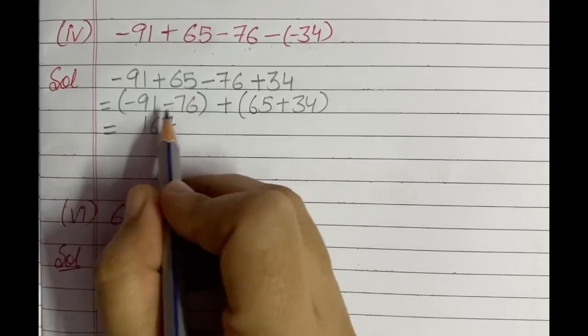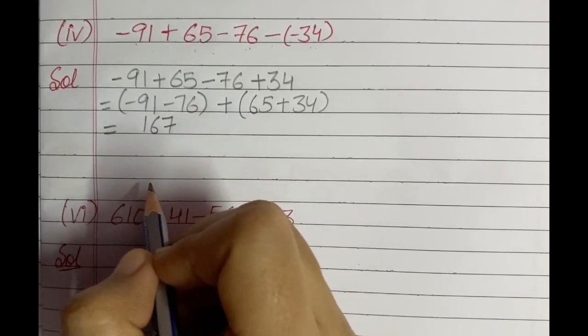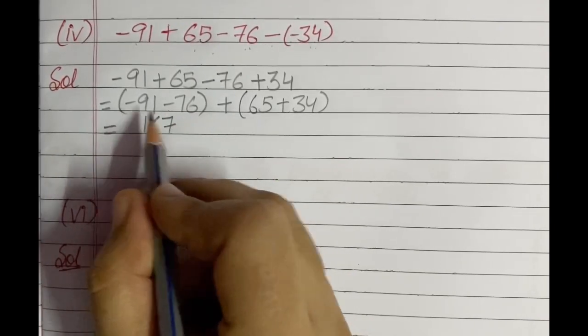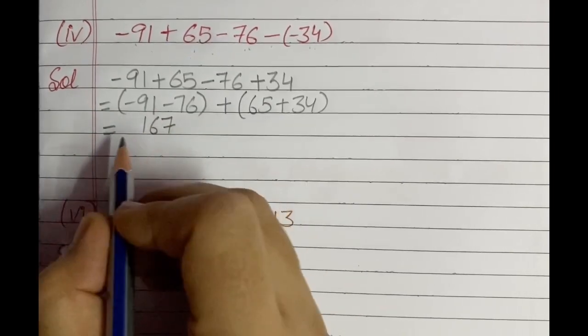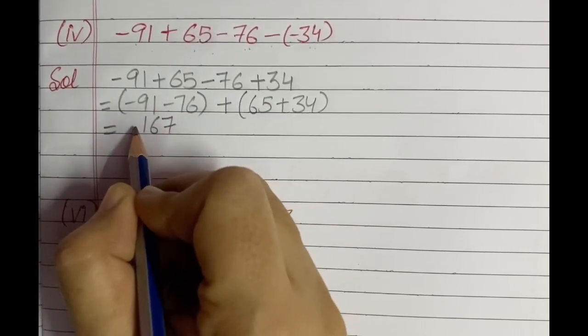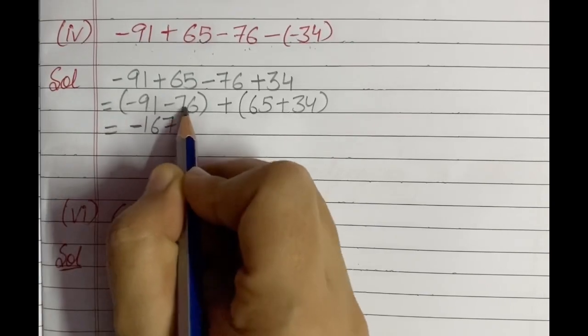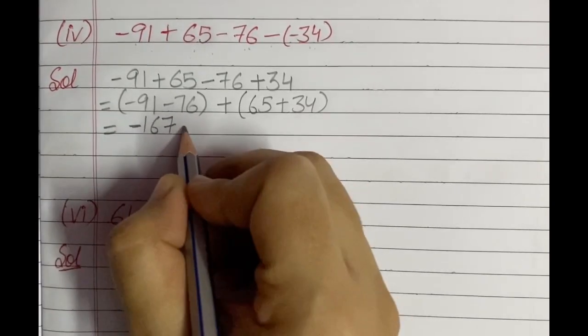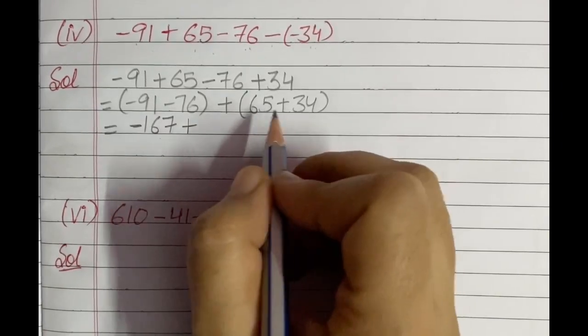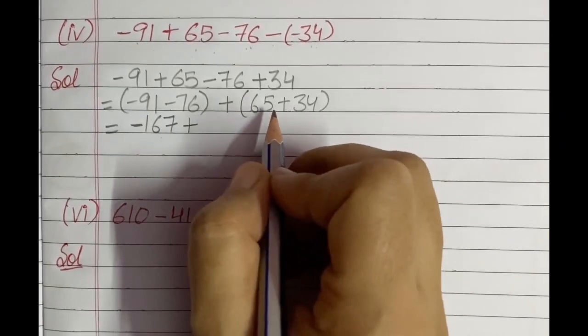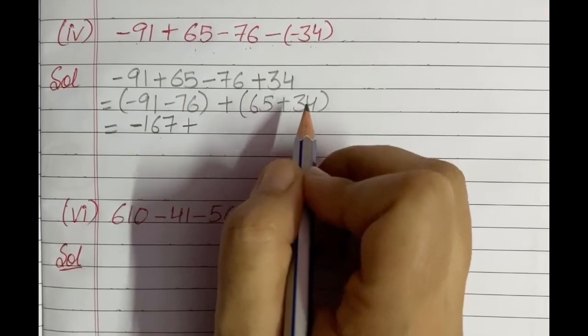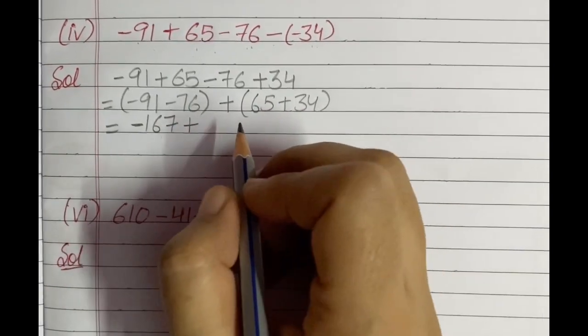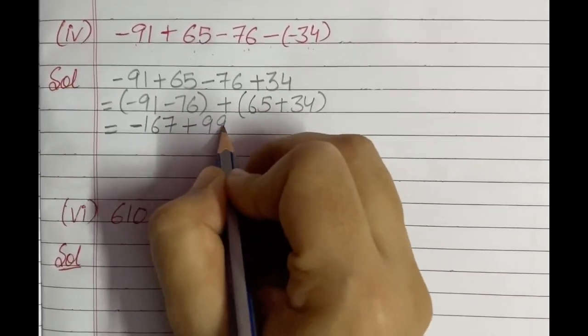Now since both the integers are negative, we have to take the common sign, and here the common sign is minus. So minus 91 minus 76 will be equal to minus 167 plus, now on solving the second bracket, on adding 65 and 34, what we will get? We will get 99 as an answer.